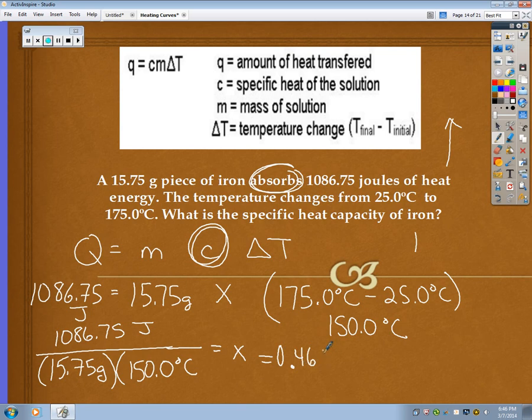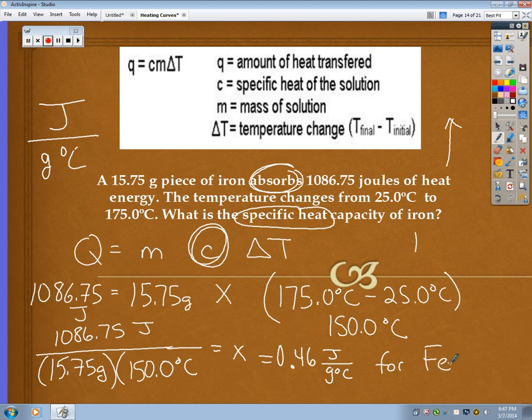And what are my units? Joules per gram degrees Celsius. And that makes sense, because what am I solving for? The specific heat. And the specific heat is the amount of heat energy needed to raise 1 gram of something by a degree Celsius. So this is for iron. So let's look and see.